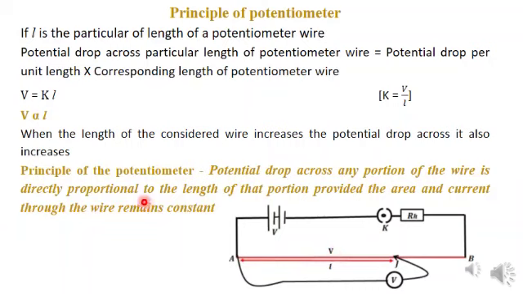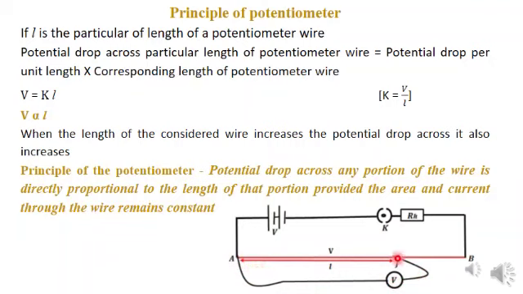So, the principle of the potentiometer is that the potential drop across any portion of the wire is directly proportional to the length of that portion, provided the area and current through that wire remain constant. This can be verified by using a voltmeter which is connected as shown in the figure.